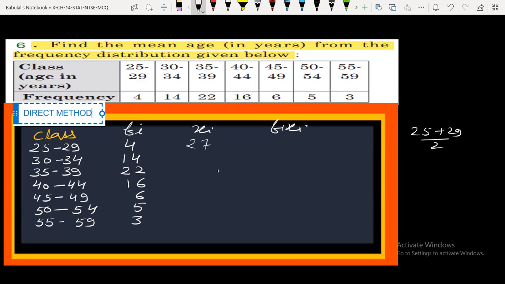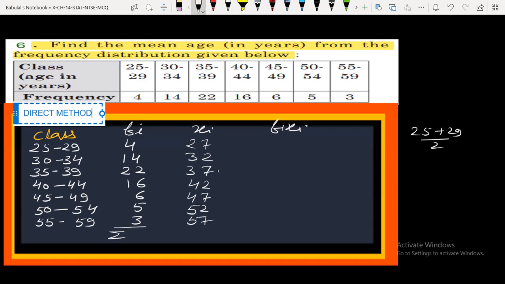The class mark of the second class will be 30 plus 34, that is 64 divided by 2. This is 32. That is 35 plus 39, that is 74 divided by 2, that is 37. Similarly, this will be 42, then 47, then 52, and then 57.